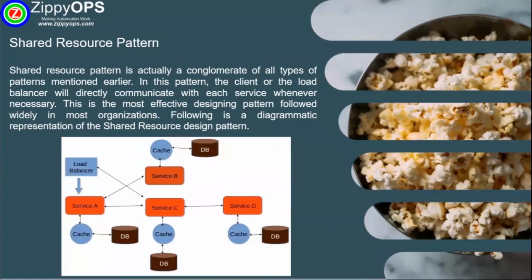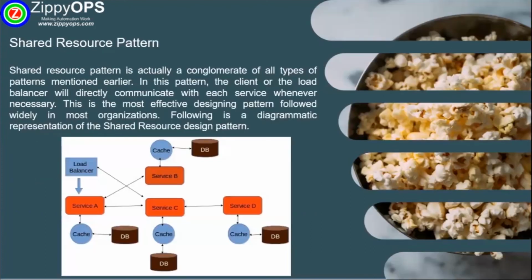It is also going to show me the reviews about the product, which may be coming from a different service called review, and it is going to say how many stocks are available, like only one left or something like that. Those things are coming from my inventory. So with a single UI, the data from multiple services is given to the user. That's called the shared resource pattern.